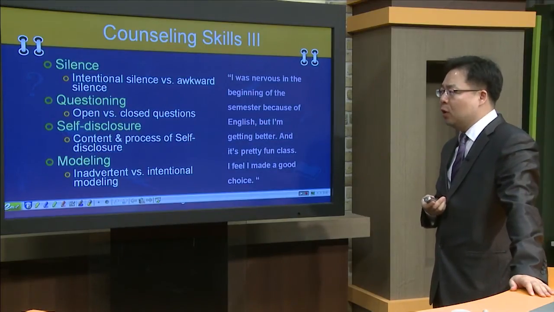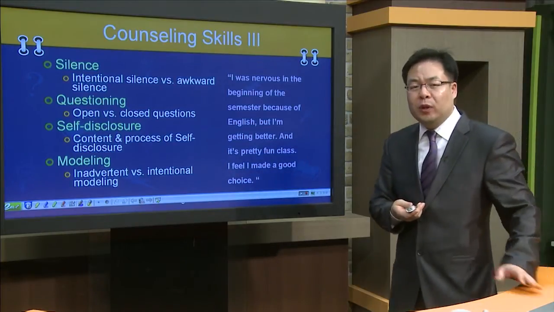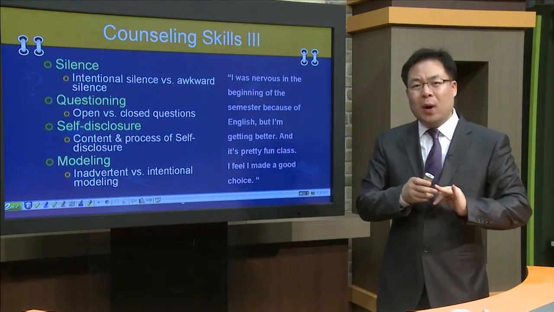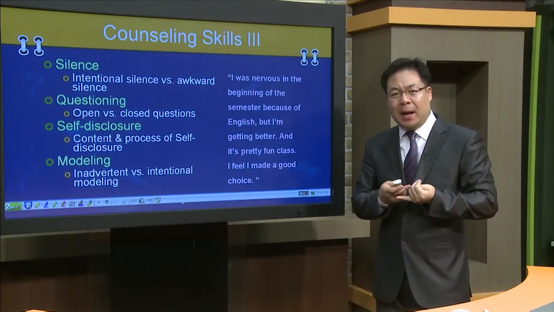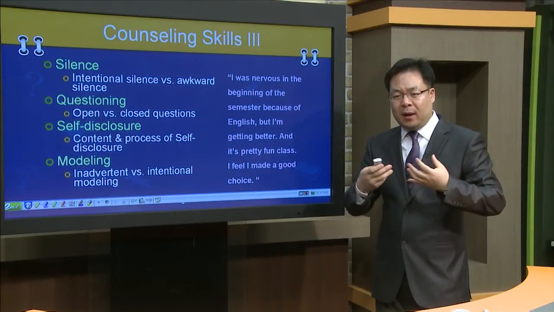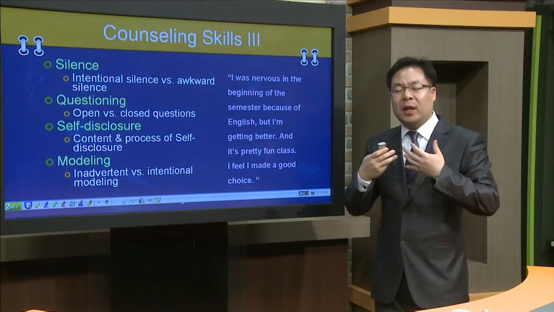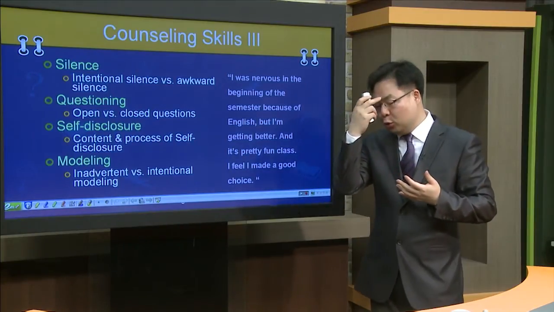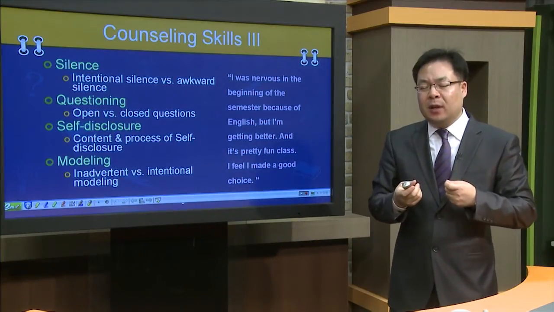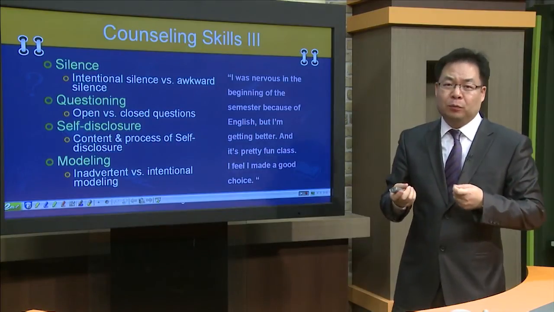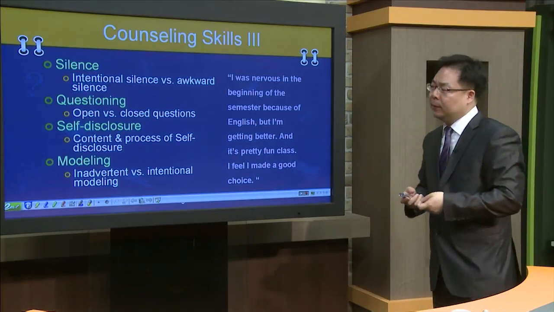So we can use open and closed questions. Open question is the question starting with who, what, why, and how. So we can get lots of information. But closed question is the question that asks just yes or no in order to clarify the client statement.